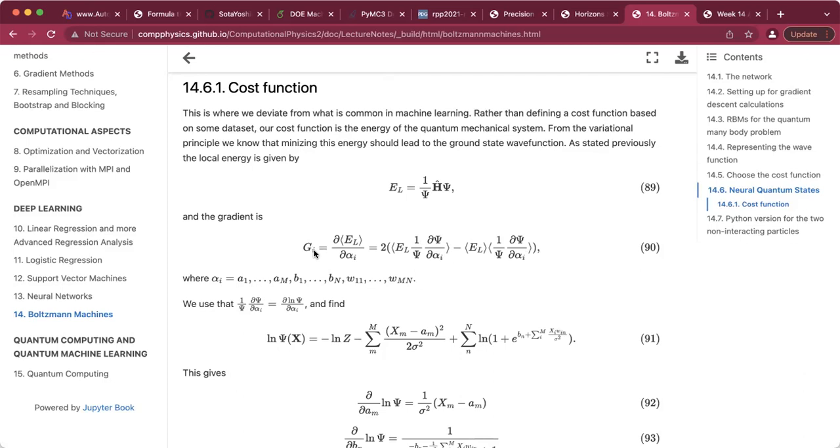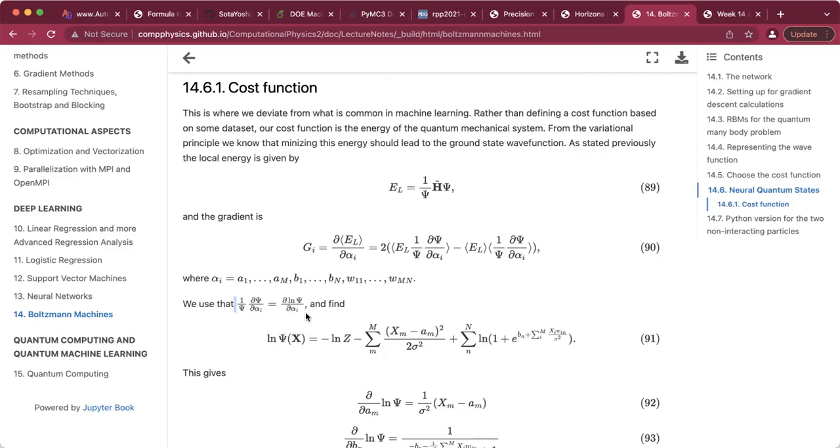The technical details we need to think of first are the derivative of psi with respect to one of the parameters, multiplied with the inverse wave function. This is nothing but the derivative of the logarithm, as you can see here. So if you look at this term, we know that it is simply the derivative of the logarithm of the function.